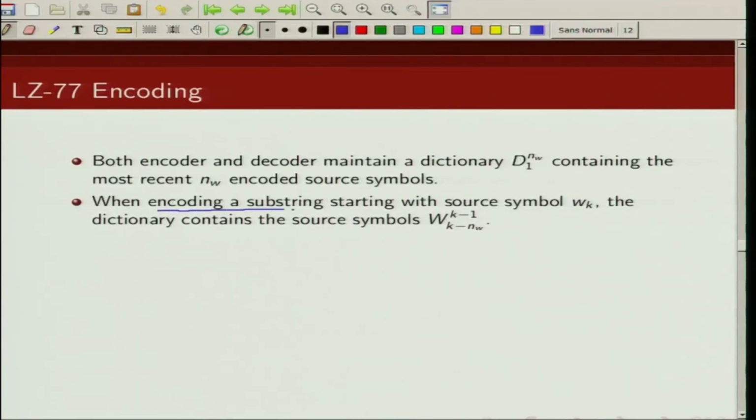When encoding a substring starting from a source symbol WK, the dictionary contains source symbols from K minus NW to K minus 1.